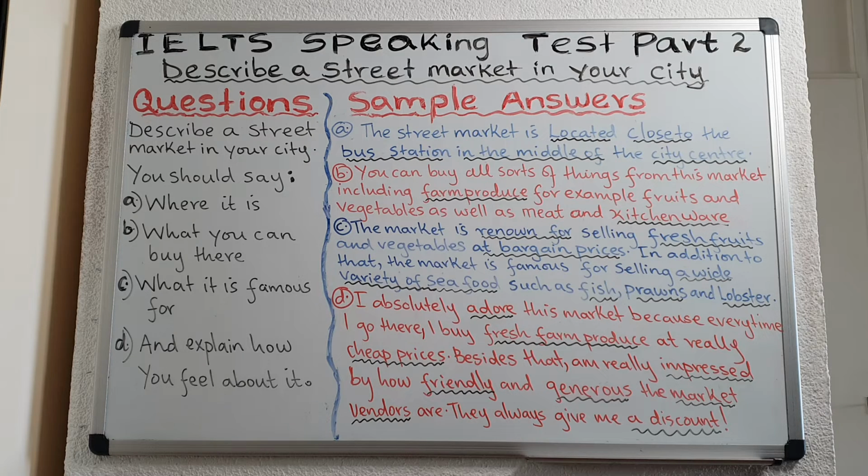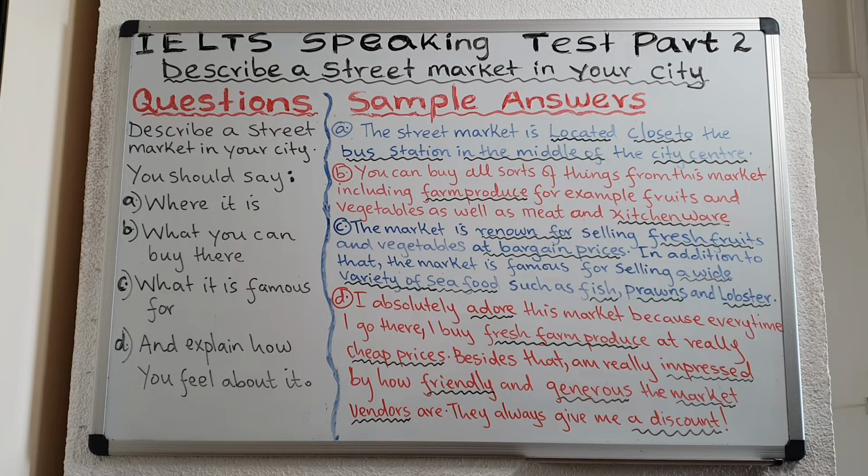So in that answer, I have explained to the examiner what the market is famous for. Now, the market is renowned for. Renowned for means famous for. Remember, we are aiming for a band 9 here. So instead of using the market is famous for, we use renowned.